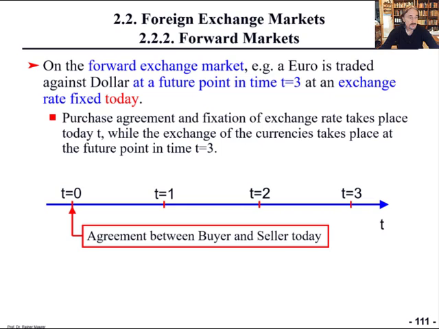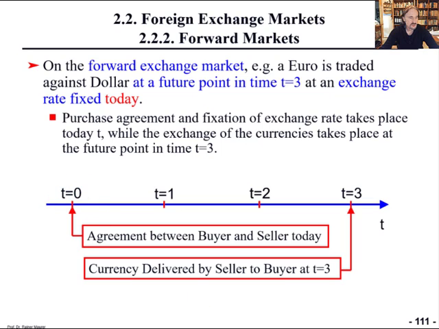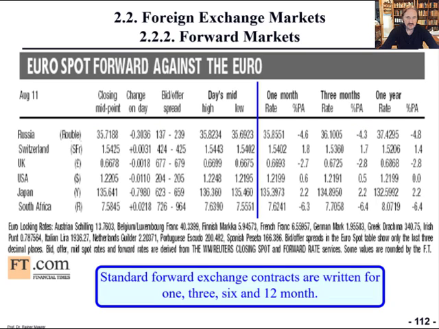So the agreement between buyer and seller about the exchange rate takes place today in the present, while the exchange of dollar against euro takes place in the future at t equal to 3. Standard forward exchange rates are written for 1 month, 3 months or 1 year.